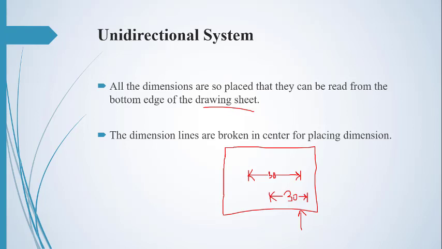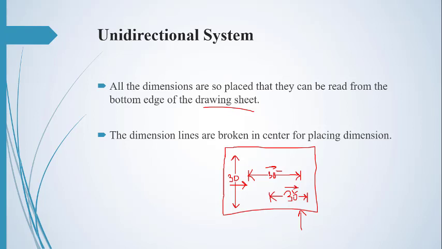However, if I draw a vertical dimension line like this one, I will also give the same direction, like here 30, like here 30, in the same direction. It is horizontal, and here is also horizontal. So in this case I will also give its position in a horizontal position. So this is a unidirectional system.